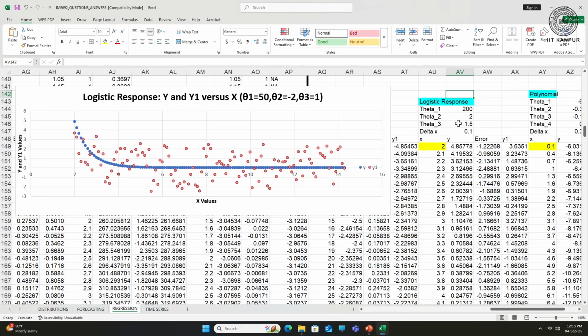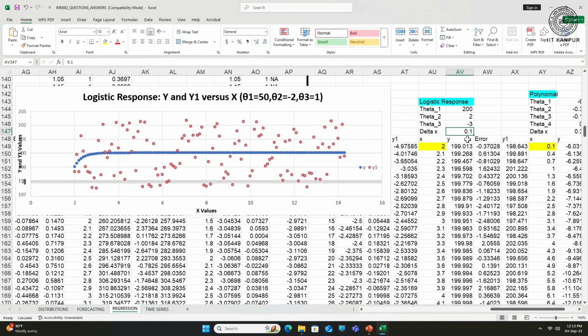Now, another important thing: if I increase theta 3 to a very high negative value, then the rate of convergence of y to the asymptotic value theta 1 would be much faster. Let us check minus 3. Do not look at the red points, I am only concentrating on the asymptotic sense and how fast y goes to theta 1.